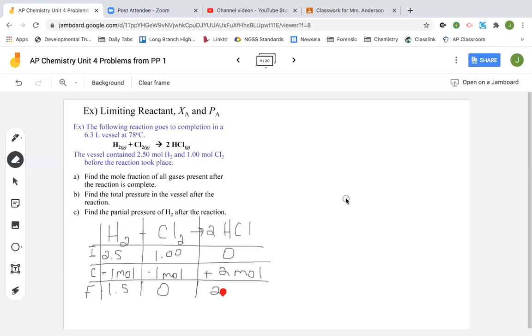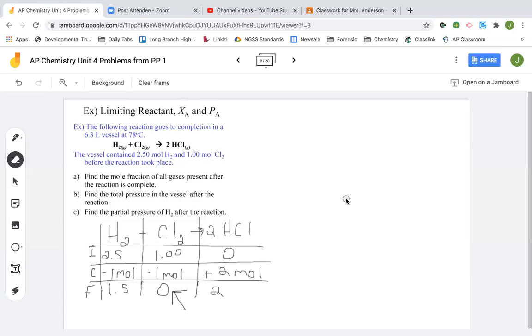Now, what information does this give us? This tells us that the system is going to run out of Cl2 first, because that's our smallest amount of moles. That's going to be our limiting reactant. So when we find the mole fraction, we're not going to include Cl2.